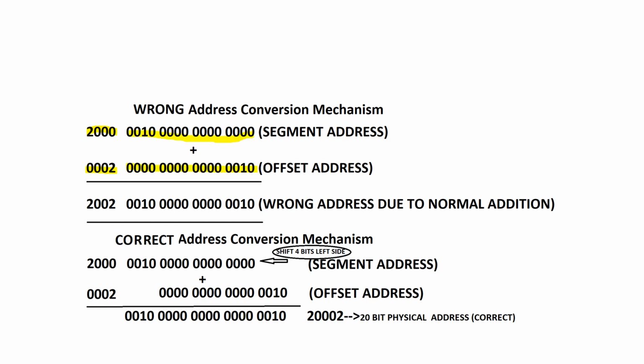If you do a normal addition, the segment address may be a code segment or a data segment, and the offset address will help us to get a 20-bit address, which will be added with the segment address. For example, suppose you have a notebook with five notes in total.